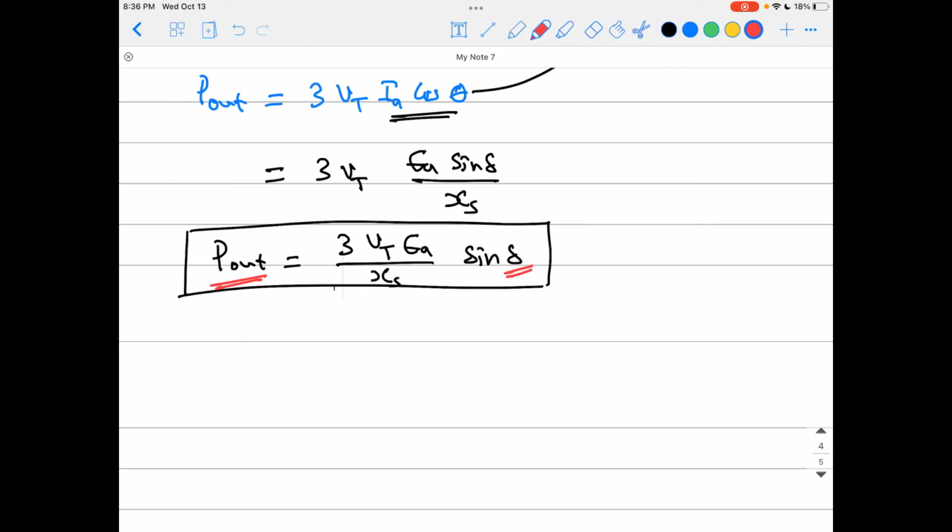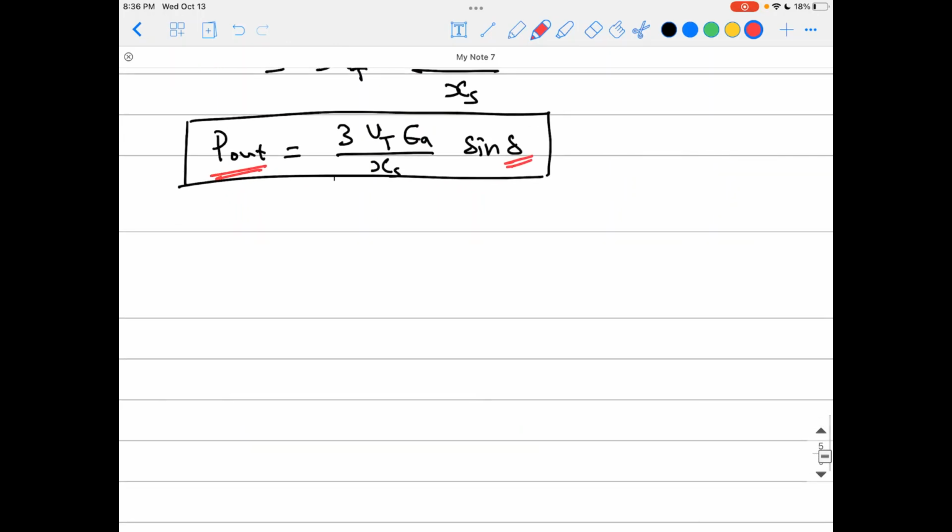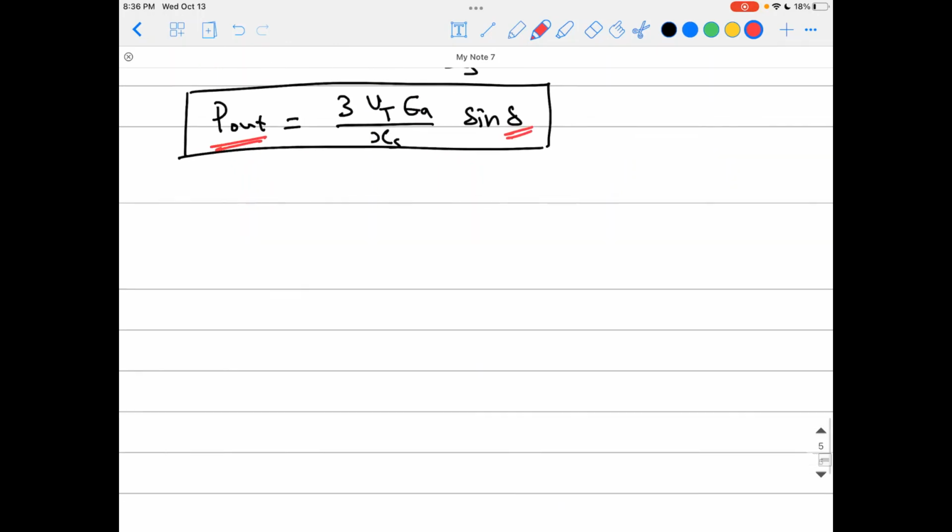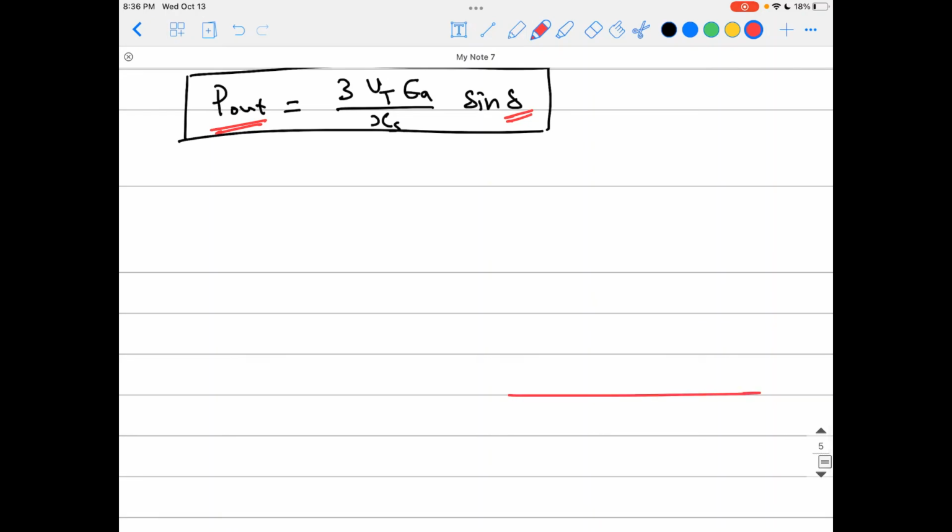Everything else here is constant, so it will be just a sinusoidal relationship. Okay, guys, if you try to plot this, the P output will be a sinusoidal function of delta, which will look like a sine wave.